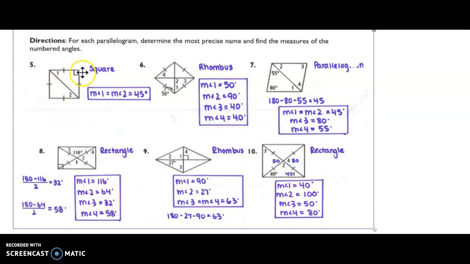For a square, from a diagonal, angle 1 and 2, the diagonals get cut in half, just like a rhombus, right? The angles are bisected. And so for a square, the corners get bisected to 45 degrees. Okay, so take a look at these problems here.